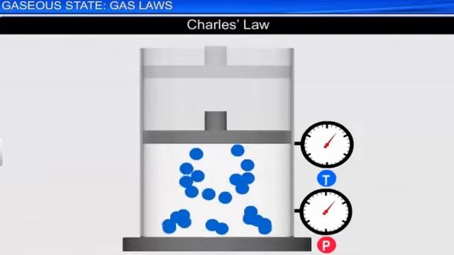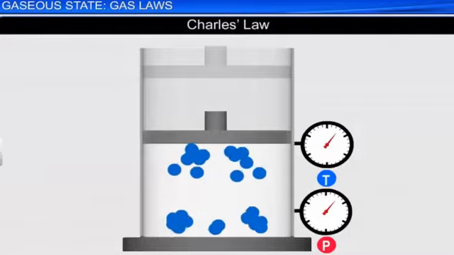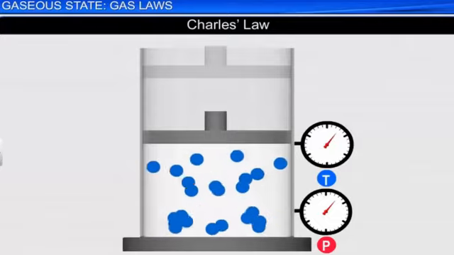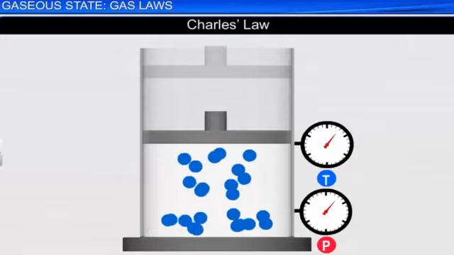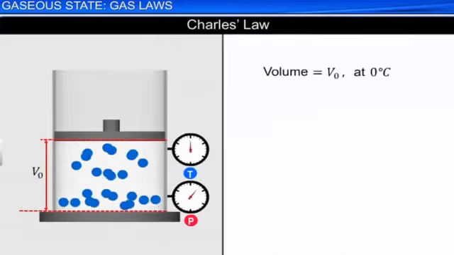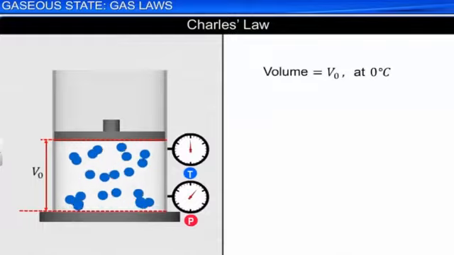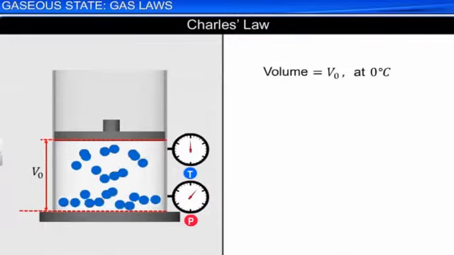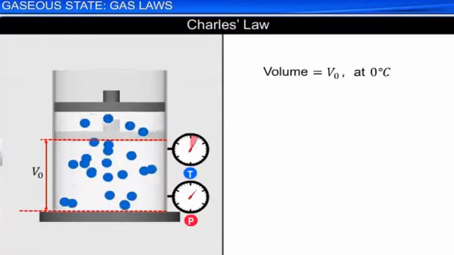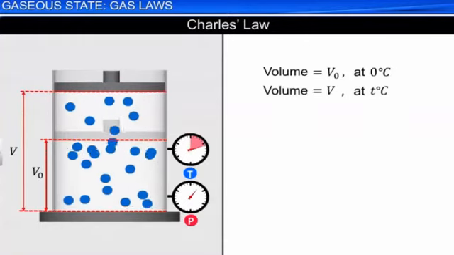Let's understand this through mathematical expression. Let V0 be the volume of a fixed mass of a gas at 0 degrees Celsius, and let Vt be the volume at temperature T degrees Celsius at the same pressure.